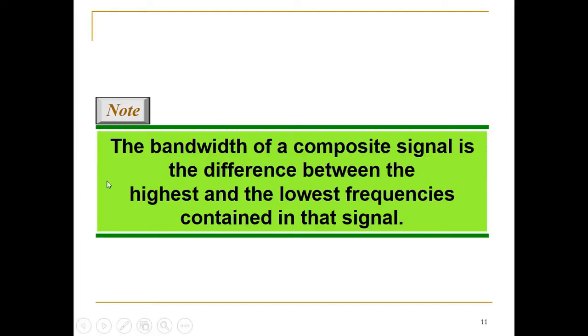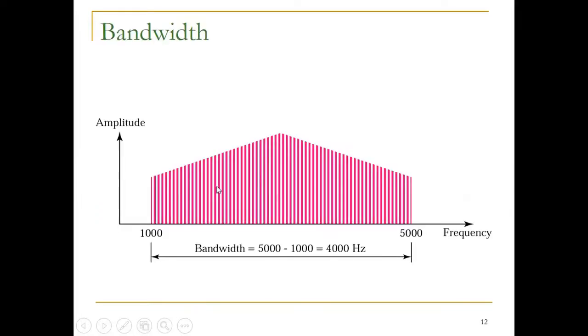Okay, so bandwidth of a composite signal is the difference between the highest and the lowest frequency contained within the signal. So if you were to look at the bandwidth from this composite signal, for instance, then you could say that the bandwidth of this particular composite signal here would be the highest frequency level minus the lowest frequency level.